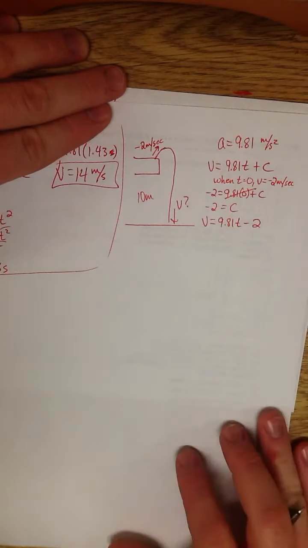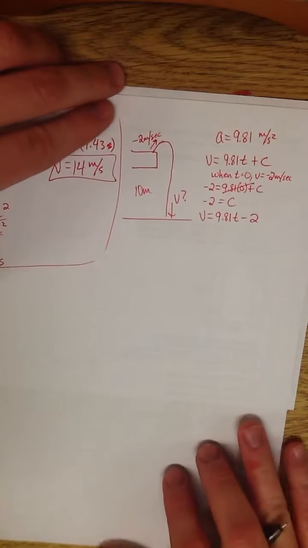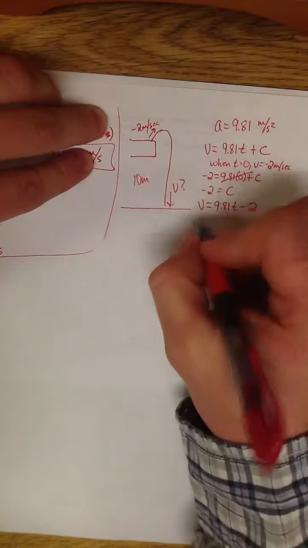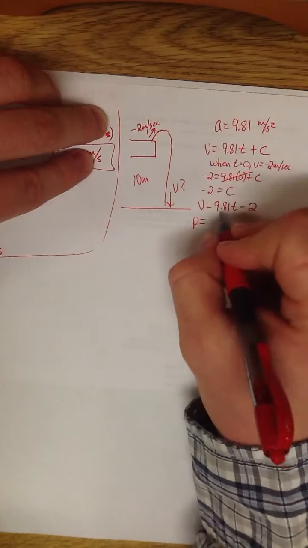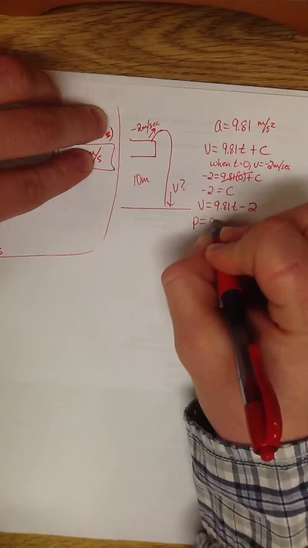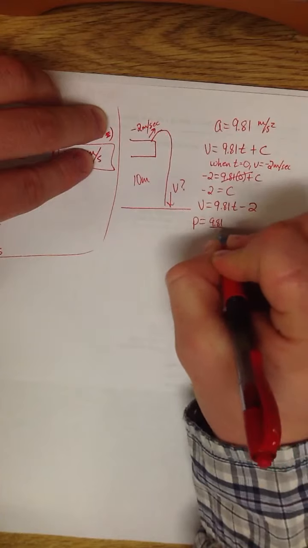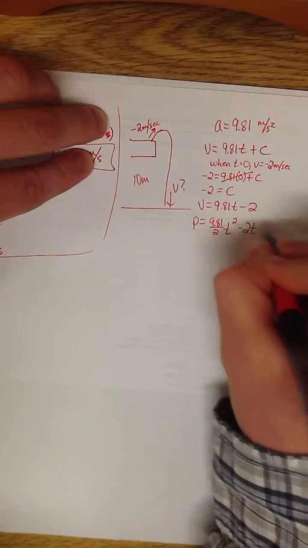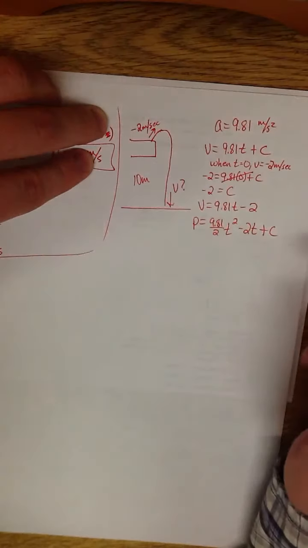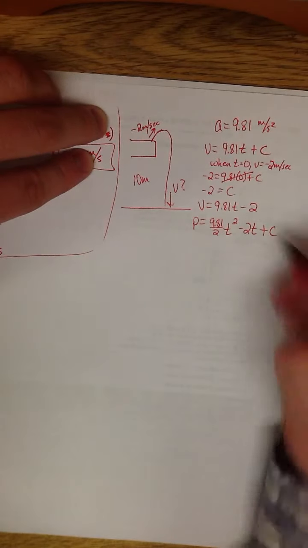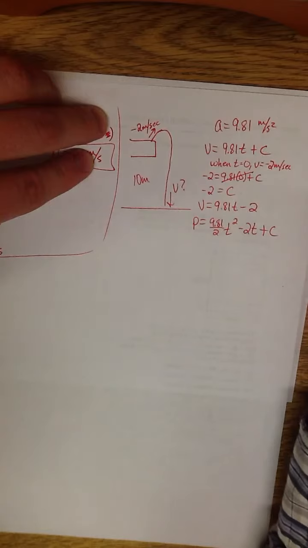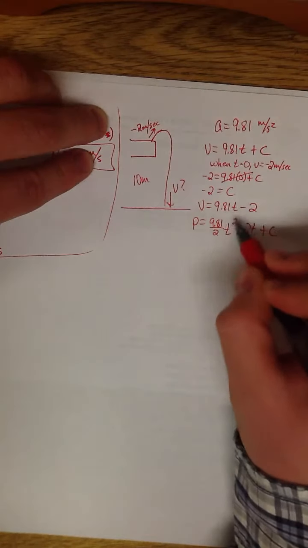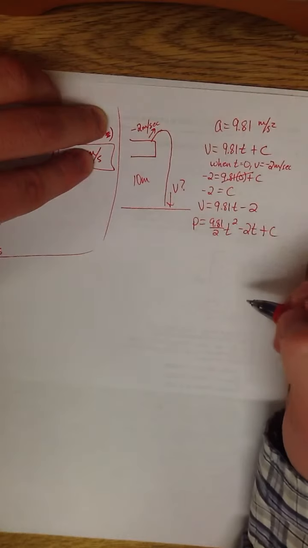So now when I go ahead and do my antiderivative again to get my position function, I'll go again 9.81 over 2 t squared, and it'll be minus 2t plus c. Hopefully you're seeing how to do that antiderivative thing. You just got to think, okay, when I take the derivative of this, how am I going to get that? These are pretty simple ones.